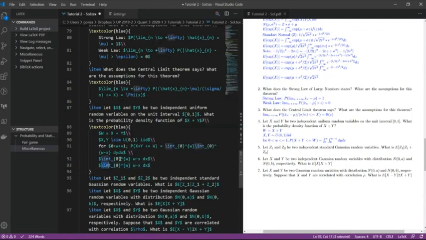Solving the integral, instead of w, it'll be wx, because w is considered a constant right now. And instead of x, it'll be x squared divided by 2.